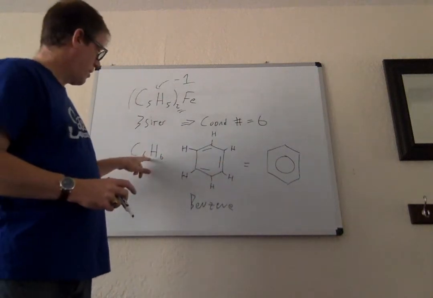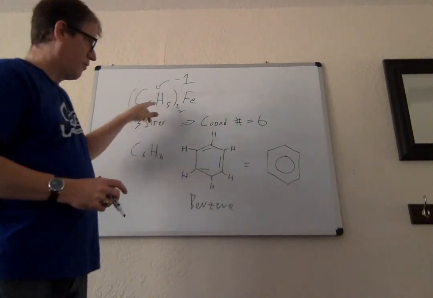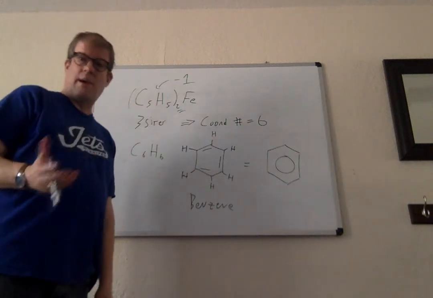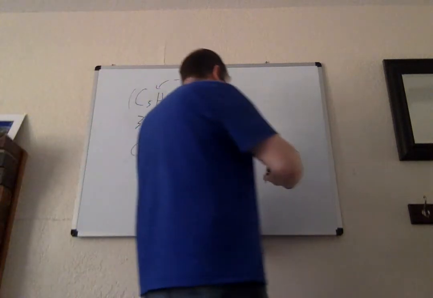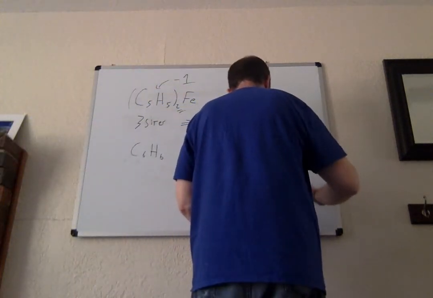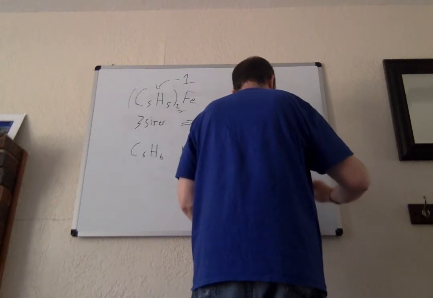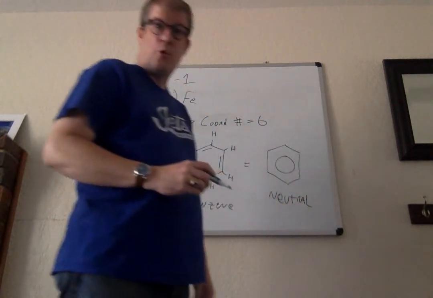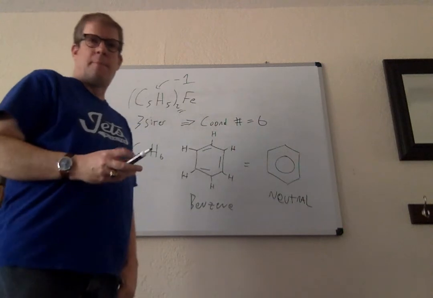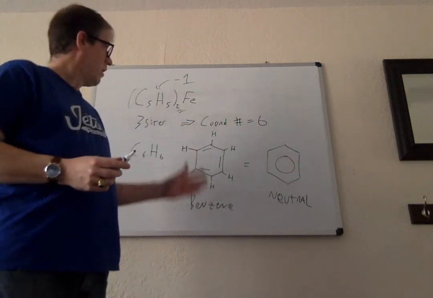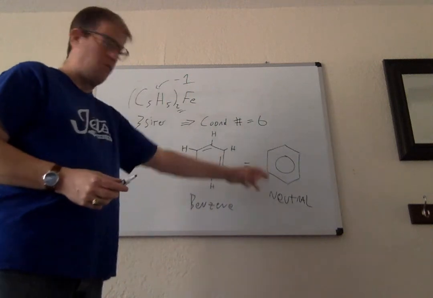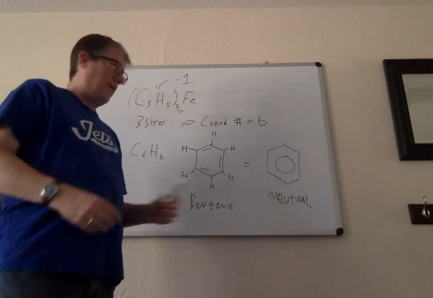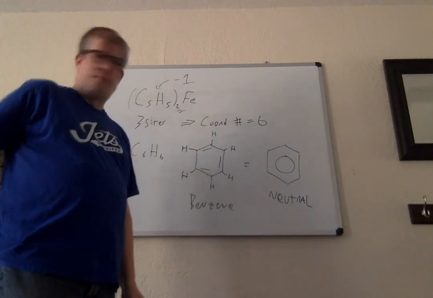But the difference between this guy and this one is benzene by itself is not charged. It's neutral. And so cyclopentadienyl -1, benzene, neutral molecule. And this can make sandwich compounds too.